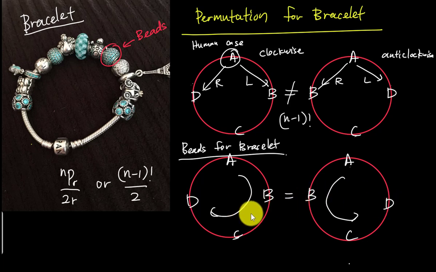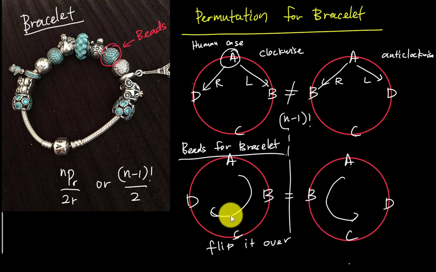Just imagine you can take this bracelet and flip it over. If you flip it over, you realize this is basically axis symmetry, or you can say it's a reflection. So if I flip this bracelet over, I actually get exactly the same bracelet. You just imagine taking this bracelet and flipping it to the other side, then you realize they are the same.